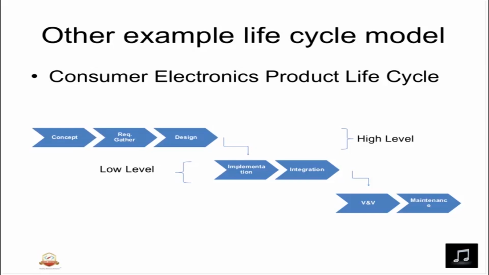The interesting thing is that a consumer electronics product has to be maintained well, and a supporting mechanism is required from the organization towards the customers or clients. So they add maintenance as one of the product phases towards the end. So this is an example of a consumer electronics product life cycle.